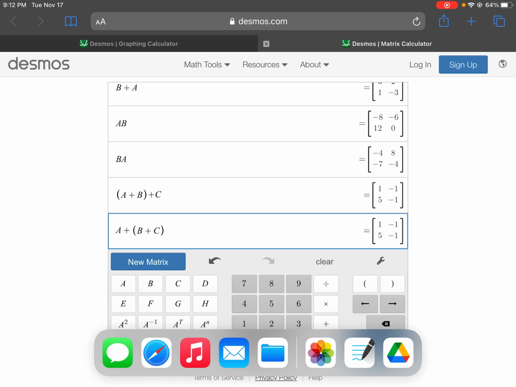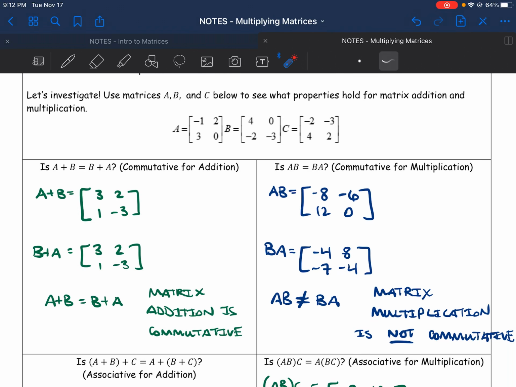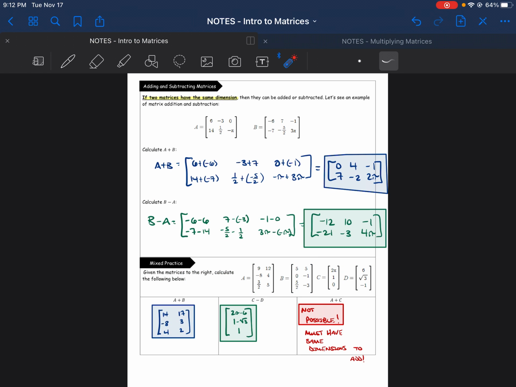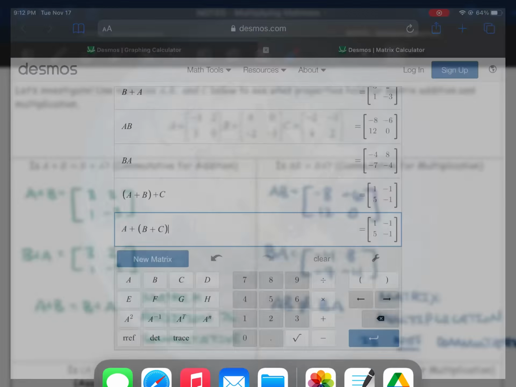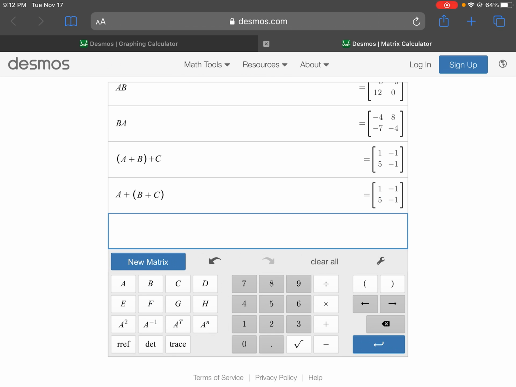And now let's try matrix multiplication. Can we do A times B, then that product times C, and would that give us the same result as multiplying A times the product BC? All right, well, let's try it out.